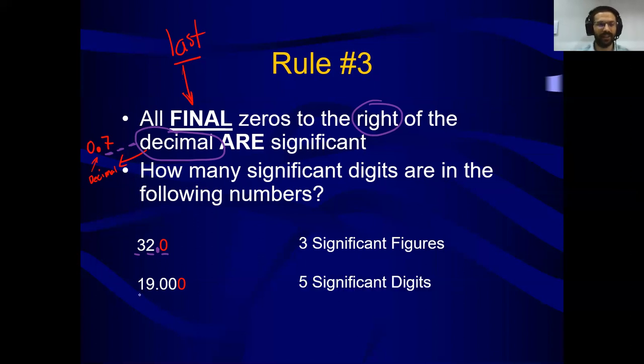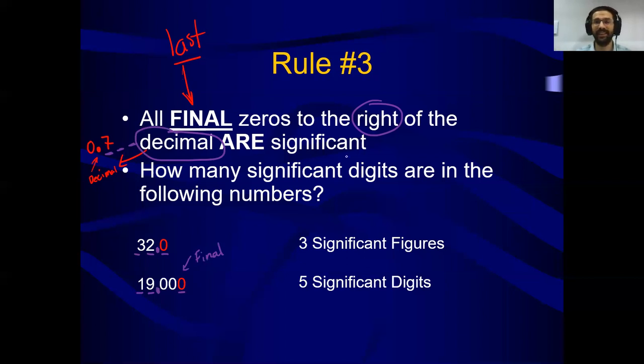Let's talk about it. 1 is a non-zero digit. It's significant. 9 is a non-zero digit. It's significant. So rule number 1 applies here. Then I have our 0. It is to the right of a decimal, and it is final. It is after a decimal, and it's final.